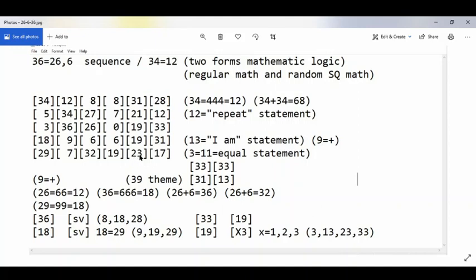Another thing is that the 3 is basically the equal statement, right? And the 9 is like the plus statement. So you say equals plus 12 is 6, 6. So that's an interesting concept there too. I believe I've covered all my bases. I think I've explained this right here.